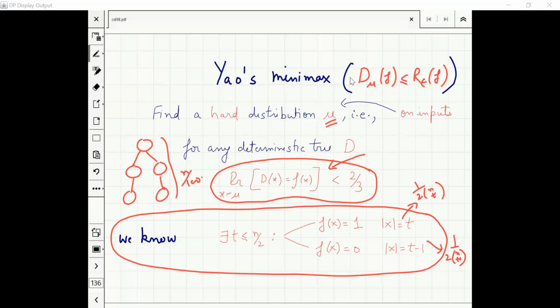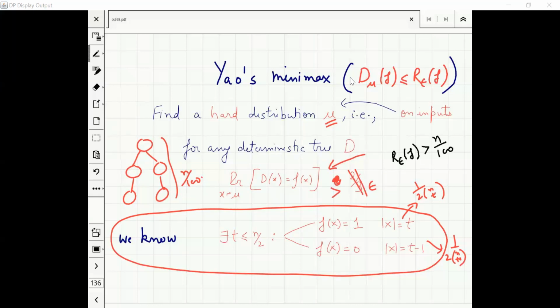I should say that it is greater than any constant. If I can prove that this probability is greater than some constant, then I have shown that R epsilon f is greater than n by 100.